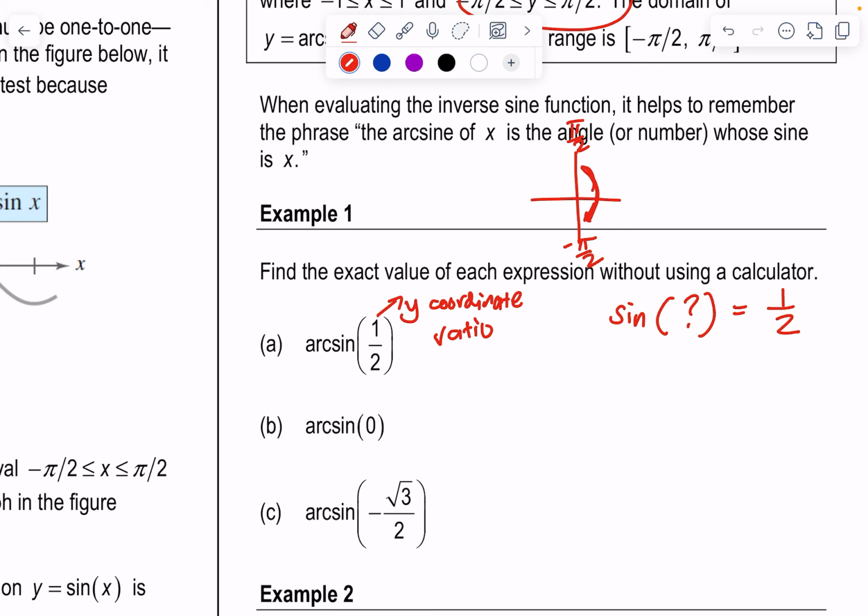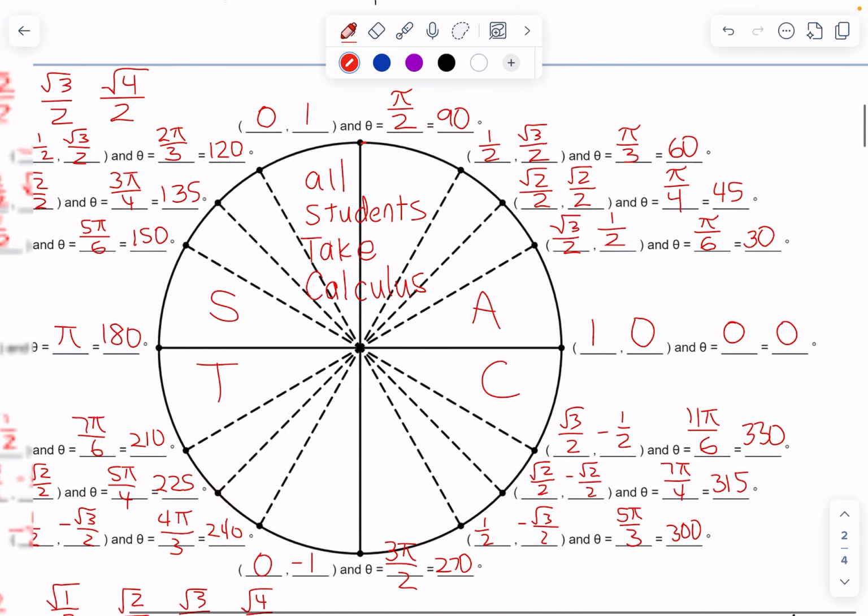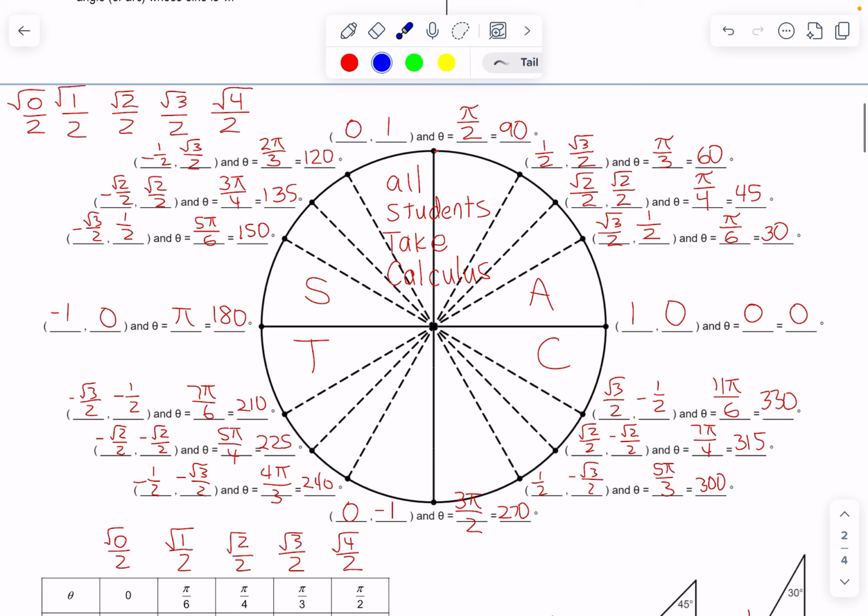We're looking at the angles that belong to this section only. Of course, we have 0 right over here. Let's take a look at the unit circle. We're only looking at this section, all the way to that section.